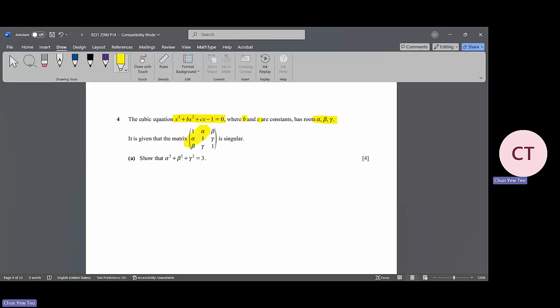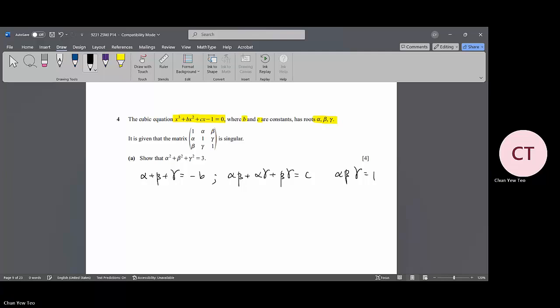Given that this matrix is singular, show that alpha square plus beta square plus gamma square is equal to 3. Okay. So over here, we know that alpha plus beta plus gamma is equal to negative b. We also know that alpha beta plus alpha gamma plus beta gamma is equal to c. And alpha beta gamma is equal to 1.